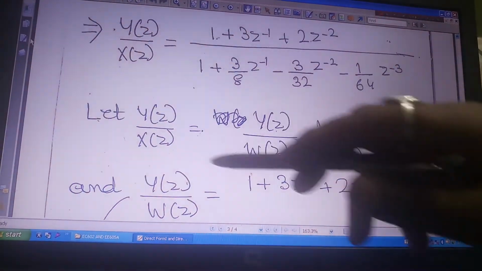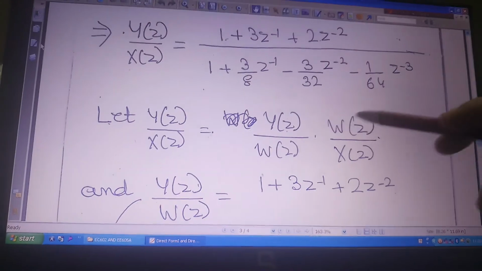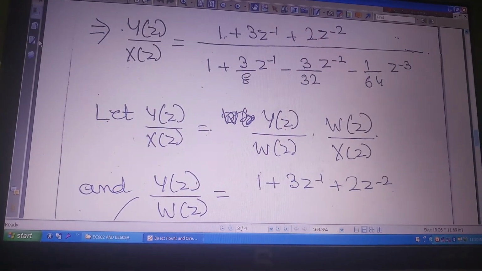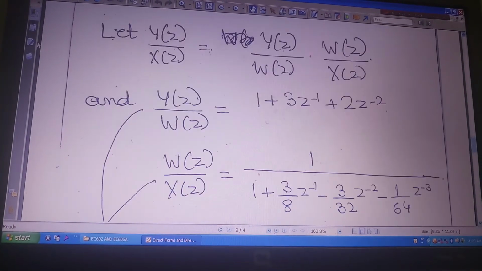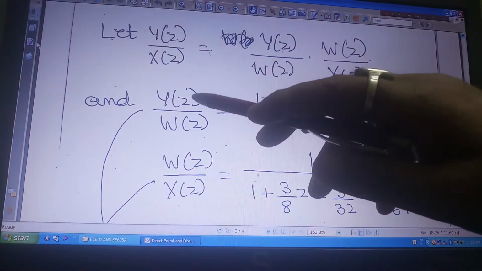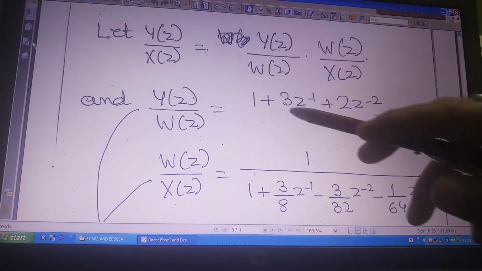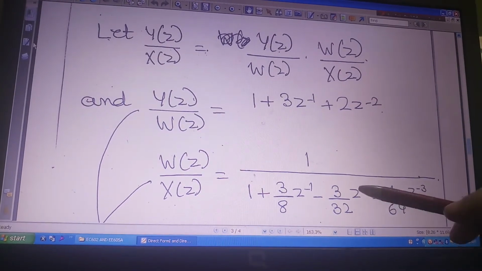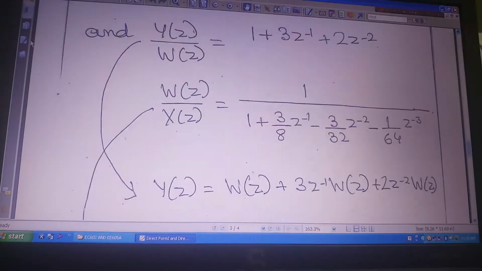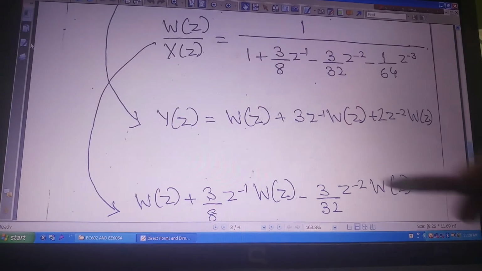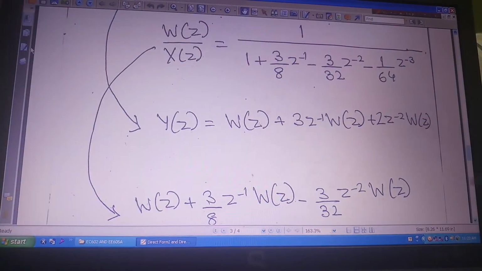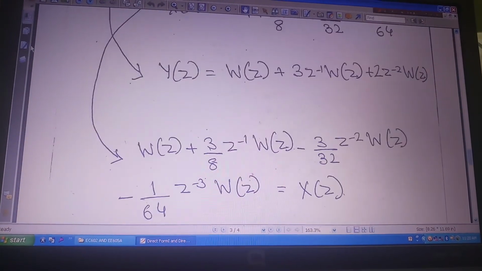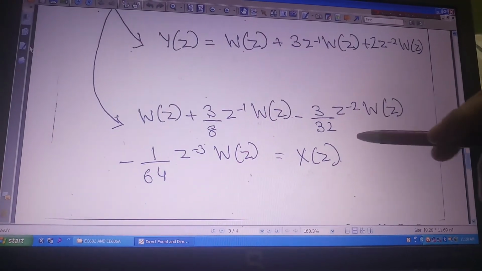Let Y(z) by X(z) be equal to Y(z) by W(z) into W(z) by X(z). From here, let Y(z) by W(z) be the numerator part and W(z) by X(z) the denominator part. When I rewrite the expression, I get Y(z) is equal to this one and W(z) is equal to this one.